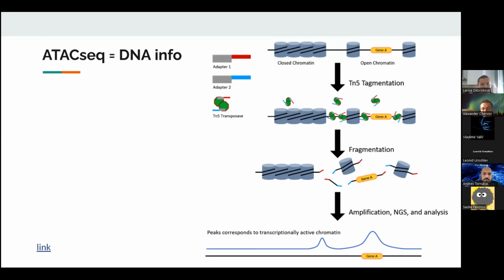So this enzyme destroys everything which was open from chromatin. No, it cannot enter the closed chromatin. So if we see the signal, that means that the chromatin is open. Okay, thank you very much.